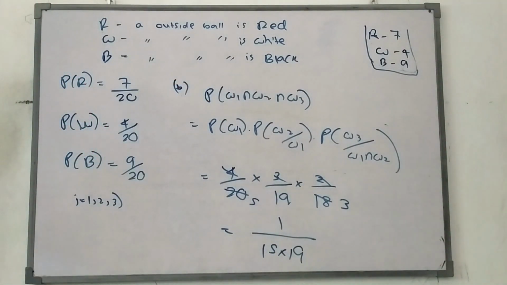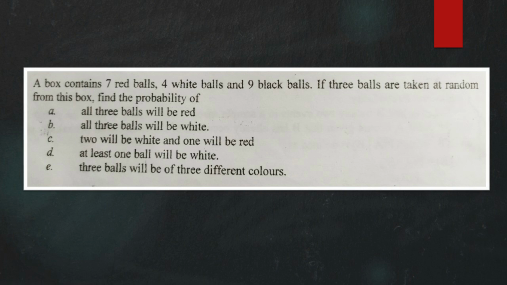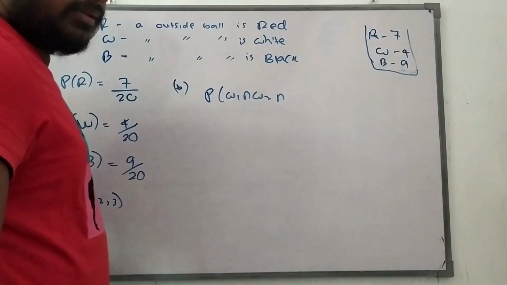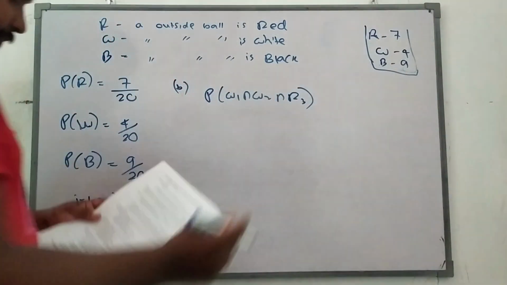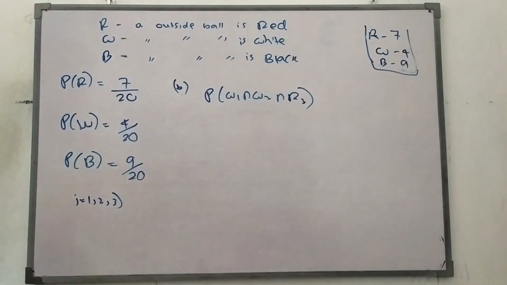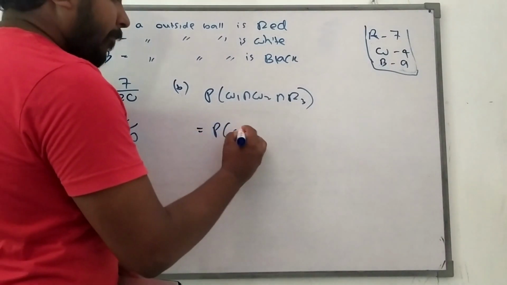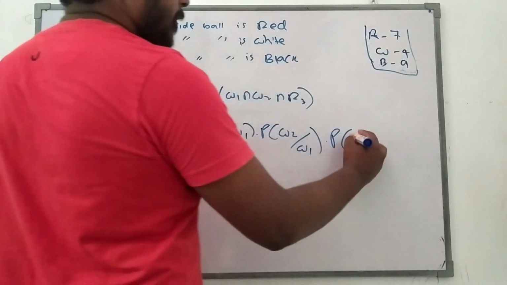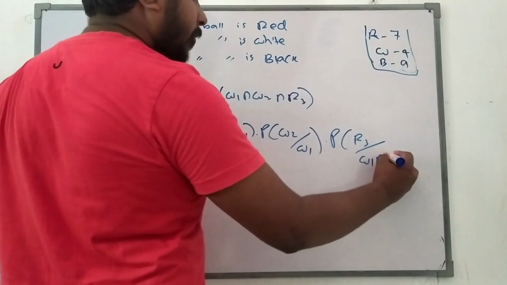And what about part 3? 2 will be white and 1 will be red. 2 will be white and the 1 will be red, R3. P(W1), P(W2 given W1), P(R3 given W1, W2).